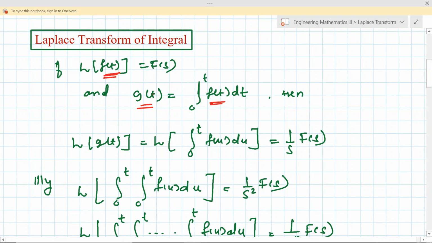If we want the Laplace of g of t, that is, the integration of f of t, then Laplace of g of t is Laplace of the integral from 0 to t of f of u du, and it is simply 1 upon s into F of s. Here F of s is nothing but the Laplace of the function of t inside the integral.